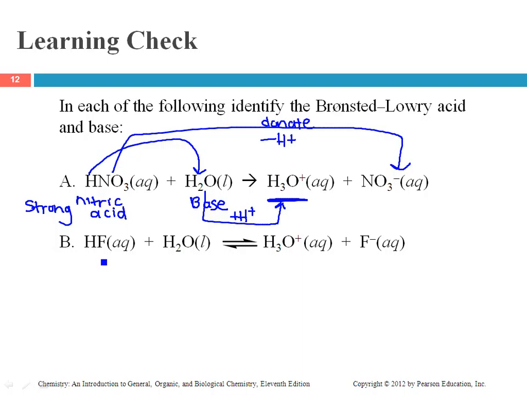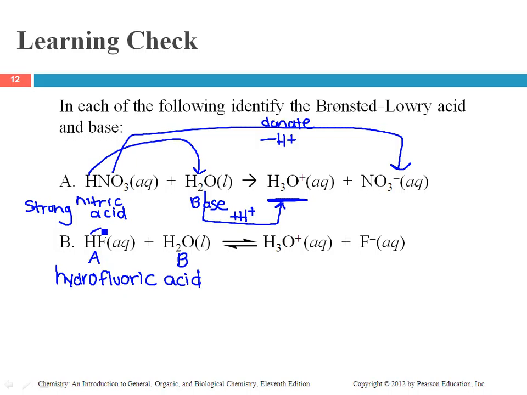Okay, HF. If we were to name this, it would be a good one to name. We have a metal, I'm thinking of ionic compounds. We have a non-metal and a hydrogen. So we're going to say hydrofluoric acid. So this is our acid. Water is our base.